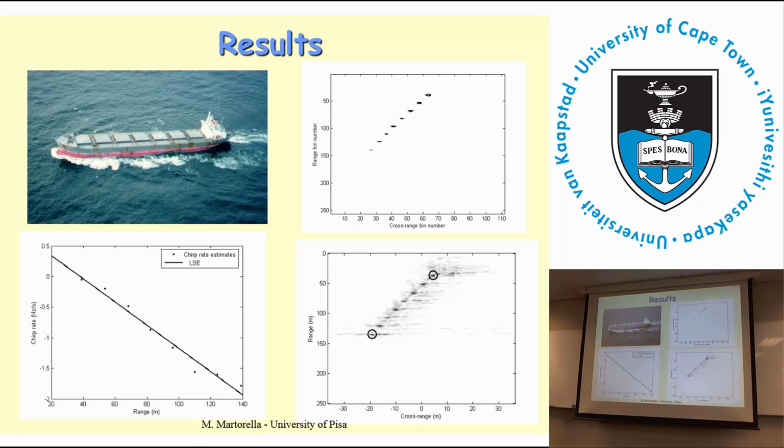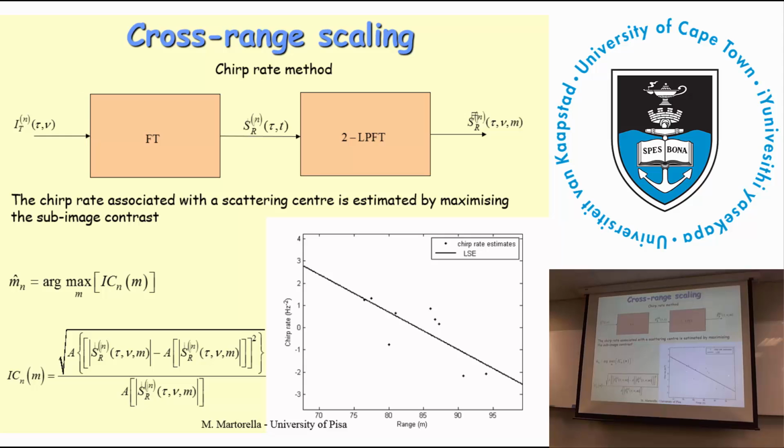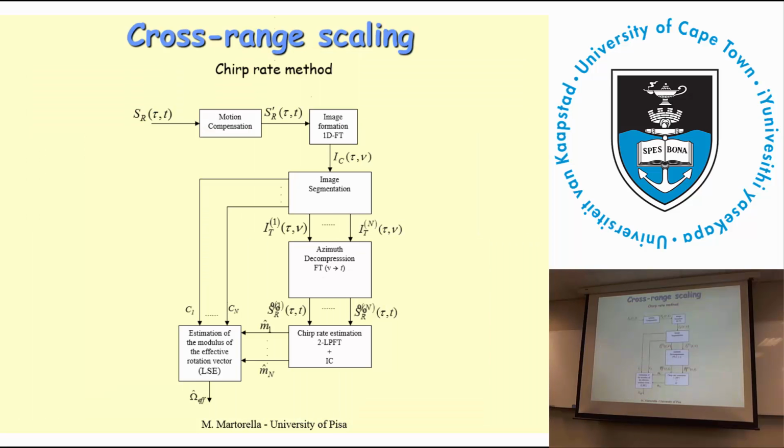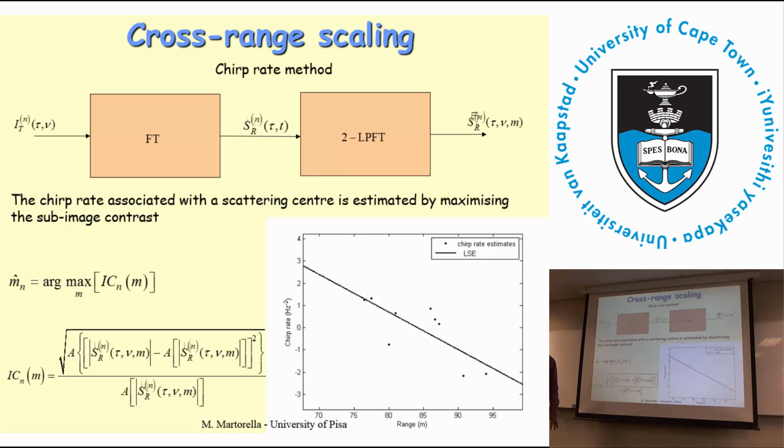And you can tell. You can even be more confident in this estimation than you were in this one. So you can actually even give out some sort of estimation confidence level that can tell you, look, this cross-range scaling here, believe me, it's done right. These are a little bit less so.